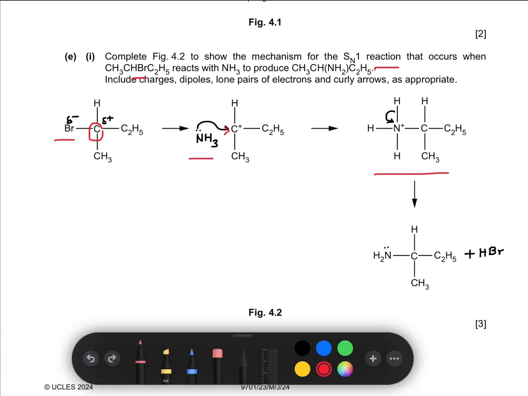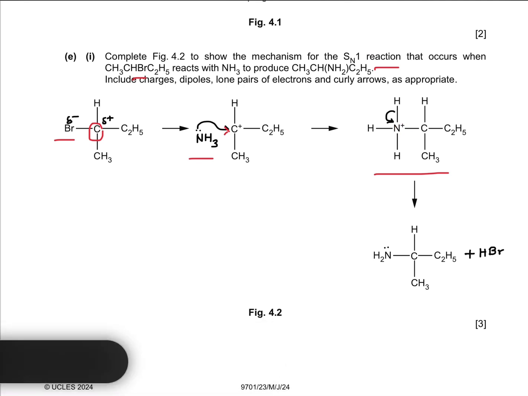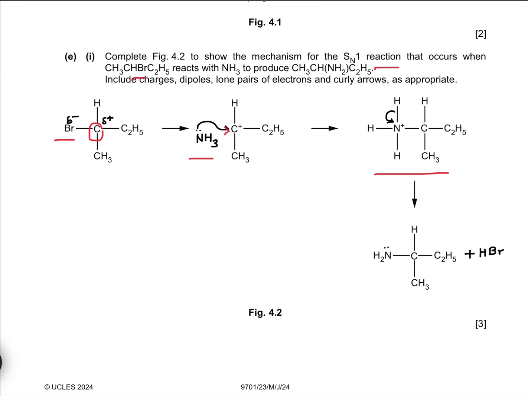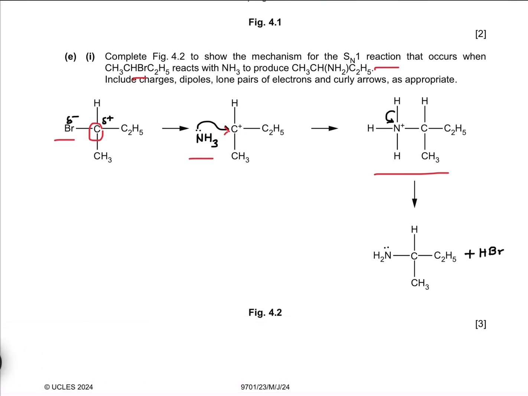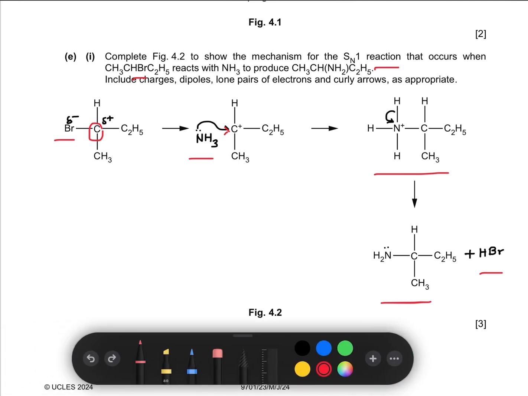So this positively charged nitrogen will take the bonded electrons between nitrogen and hydrogen towards itself, and we will get this product, butan-2-amine and hydrogen bromide. There will be a lone pair on top of nitrogen here as well.